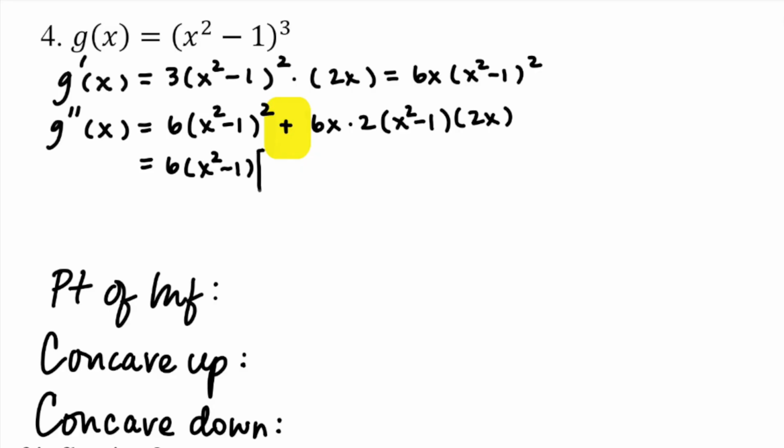Okay, and then I would be left with one more copy of x squared minus 1, then plus, that's the same plus that it was in the other highlighted plus. And the second term, I factored the 6, so I'm going to have two 2's, two x's.